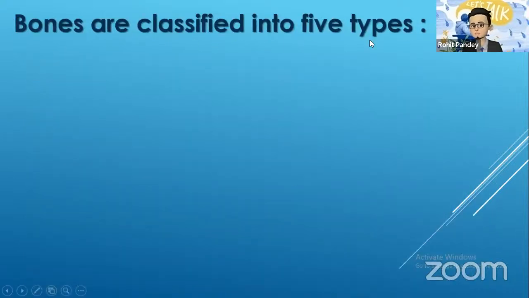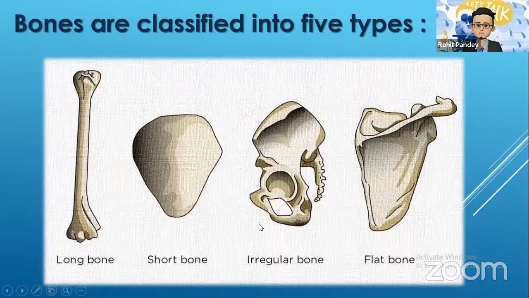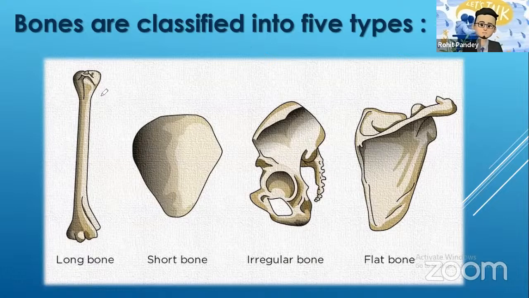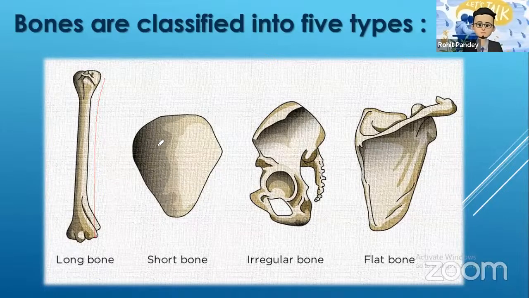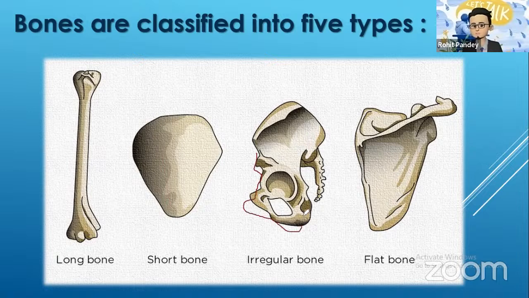Bones are classified into 5 types. That is a long bone. That is a short bone, short in size. Irregular bone, it does not have a regular shape, you can see these irregularities.